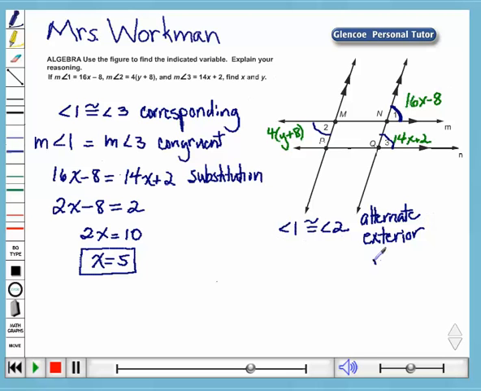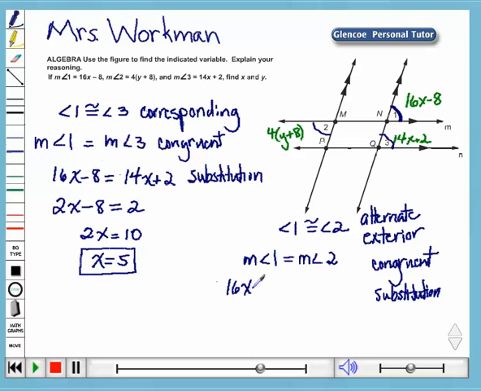Now, by the definition of congruent angles, I know that the measure of angle 1 is equal to the measure of angle 2. So, by substitution, we are given that the measure of angle 1 is 16x minus 8. We know that the measure of angle 2 is 4 times the quantity y plus 8, and so they must be equal.